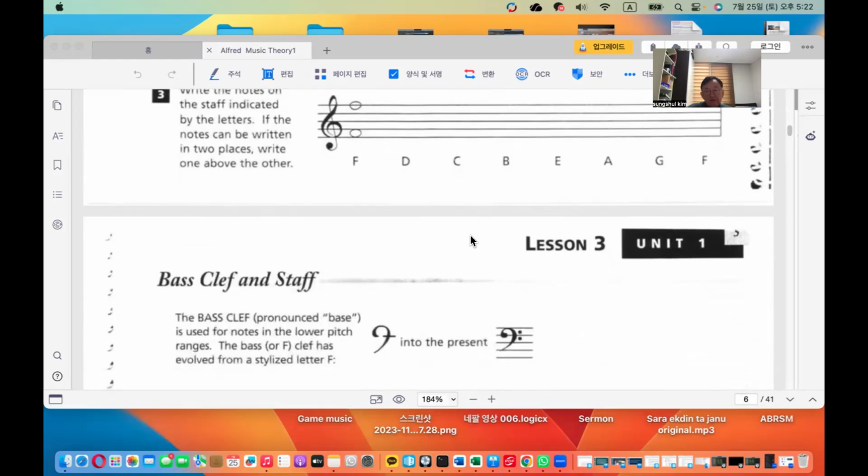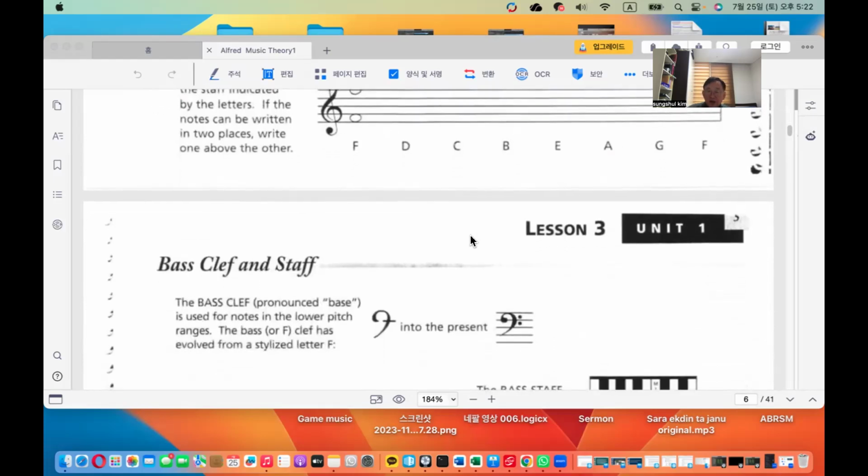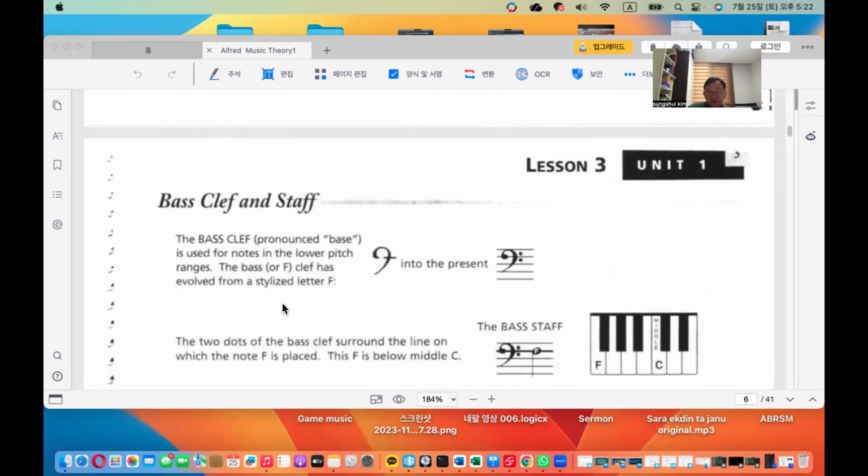Next, you need to remember. Now you can understand the high pitch range. This time, you need to understand the bass clef, the low pitch range. If you look at this symbol, oh, low sound mark. The bass clef.